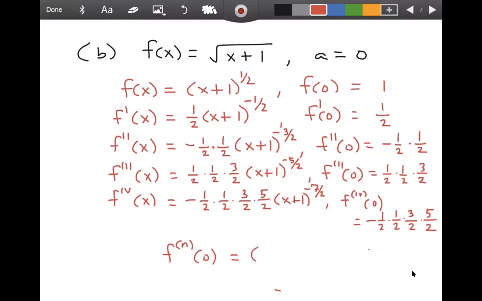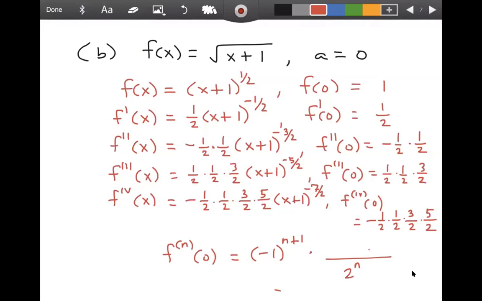So most of the time we want it to be negative when n is even and positive when n is odd. So what does that is (-1) to the power n plus 1. And we also want 2 to the n on the bottom, don't we? Okay, but then upstairs we want this odd number factorial.